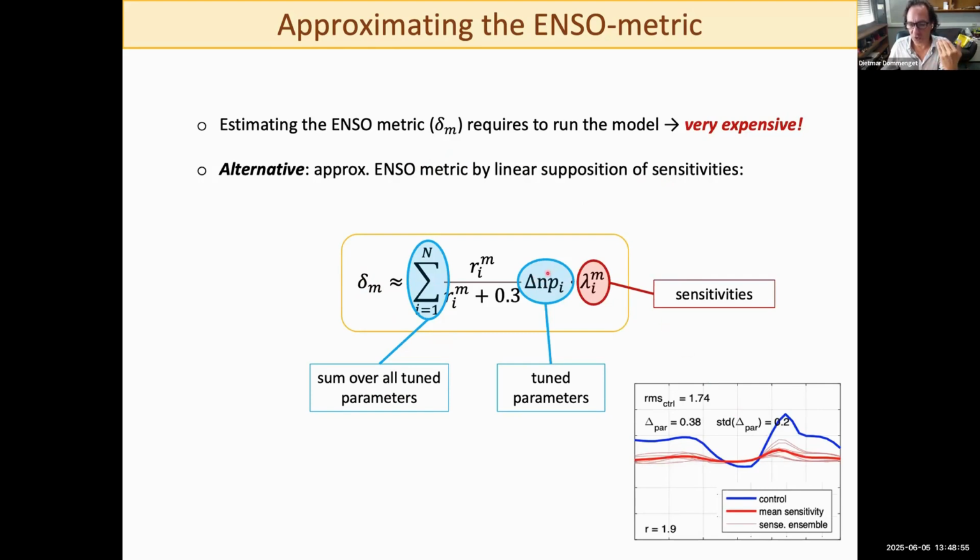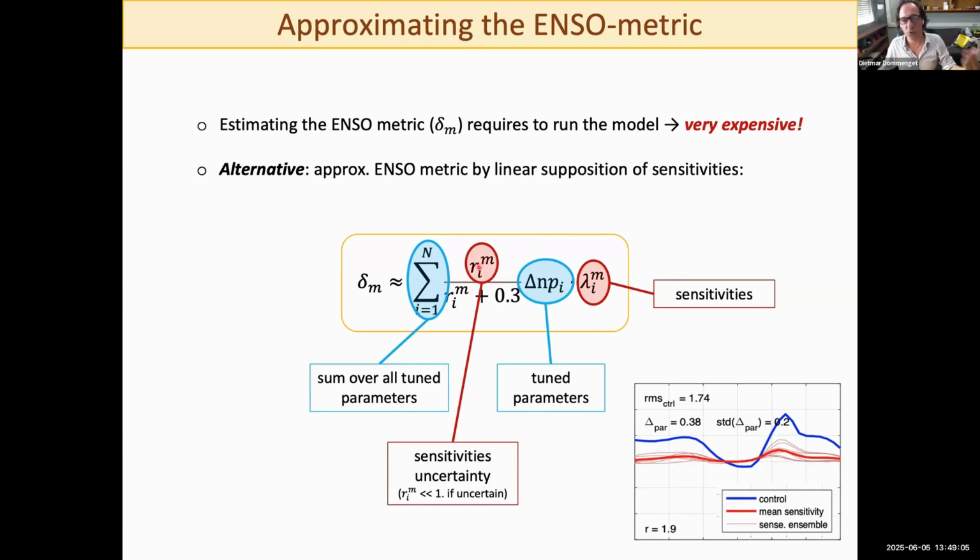We multiply it by how much we're actually scaling it. And then we also consider the uncertainty. So this value ideally is large; this is actually not an uncertainty, this is a certainty. If this value is large, we know very well what the sensitivity is. If this value is smaller than 1, then there's some uncertainty. And if there's a large uncertainty, then this value gets small, and we do not really do much with these parameters.